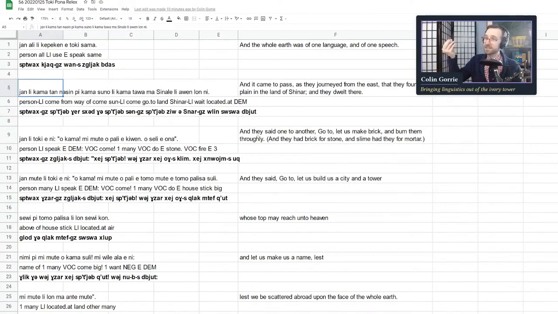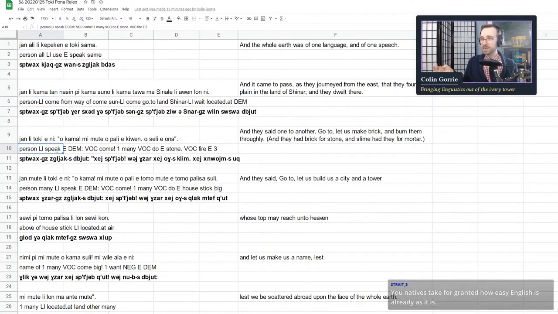Instead of having these little grammatical particles as separate words, we have them as suffixes. So instead of jan li toki e ni, we have sptwachs sptib... Oh no, I read the wrong line. Sptwachs, zgliaks, debut. So as you can see, this is utterly ruined in the most glorious way.